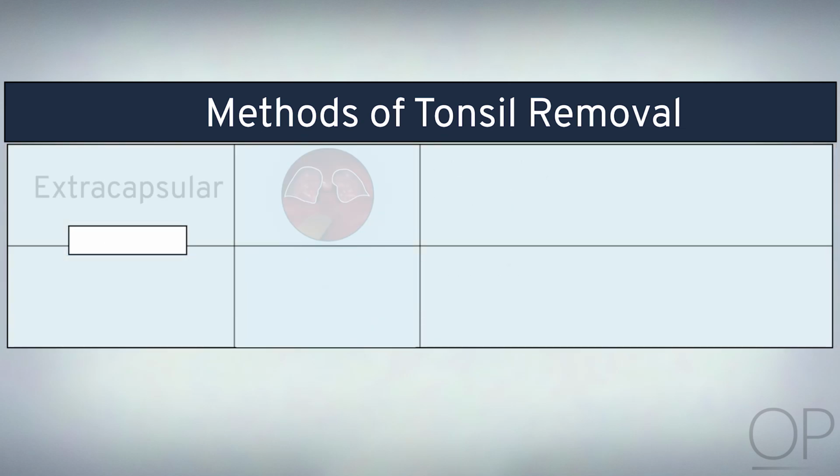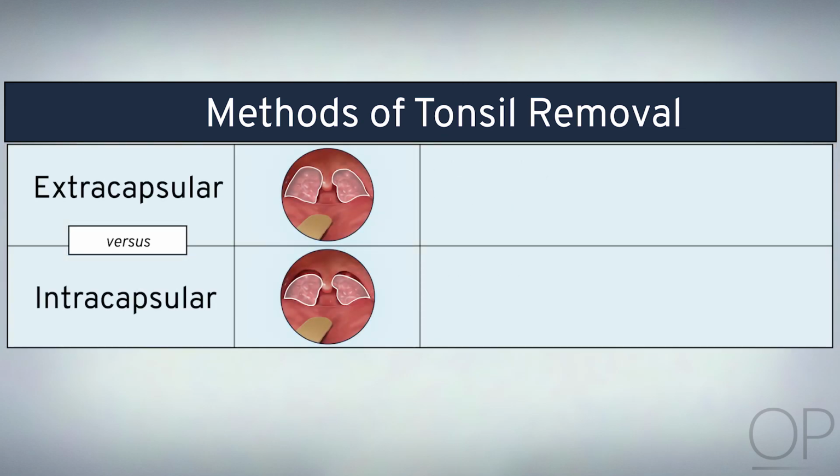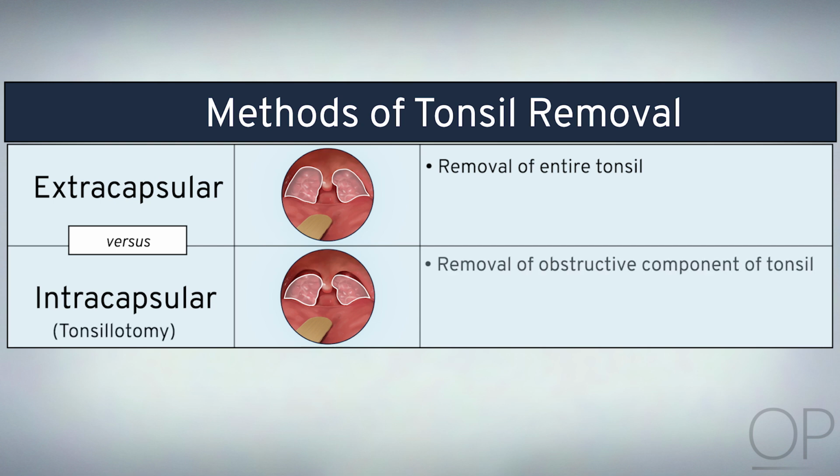Additionally, the procedure can be extracapsular or intracapsular. Extracapsular tonsillectomy involves removal of the entire tonsil with dissection along the tonsil capsule to ensure complete removal. Intracapsular surgery, also referred to as tonsillotomy, involves removal of the obstructive component of the tonsil, with the rim of the tonsil left in situ.